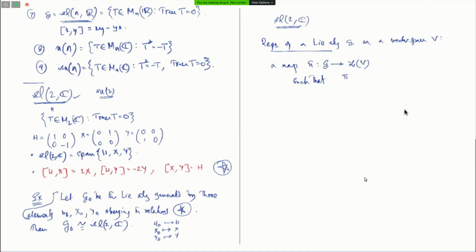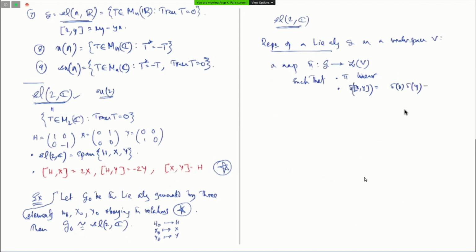So now you want that thing to be preserved. So what you demand is that phi of the product of x and y is equal to phi of x times phi of y? No. Here the definition of representation is that you don't demand this.